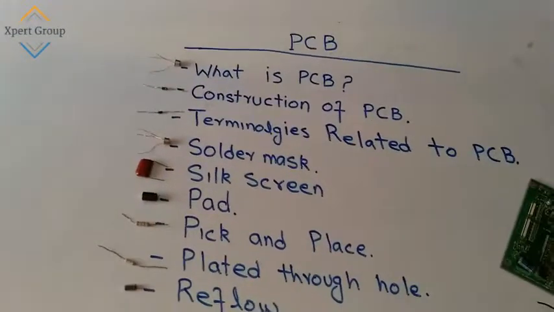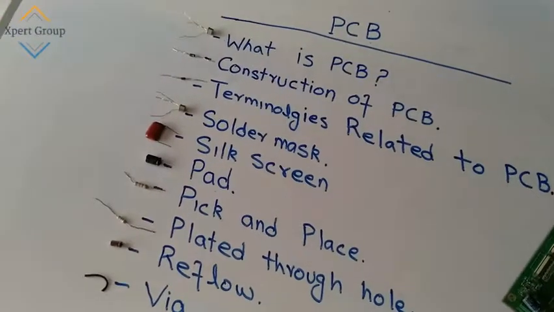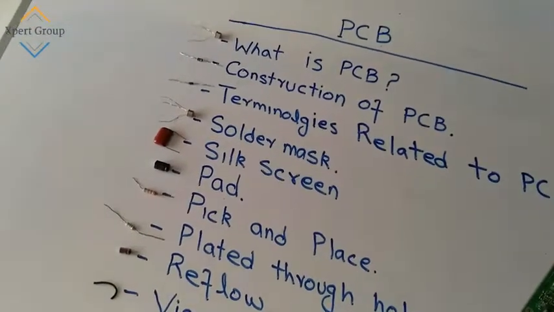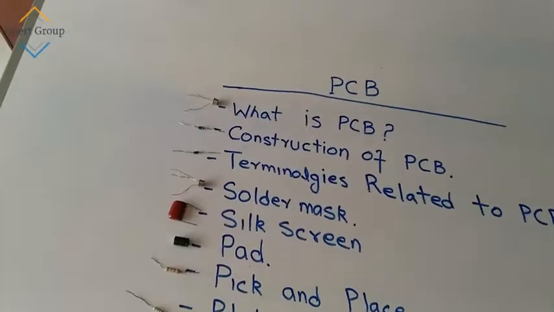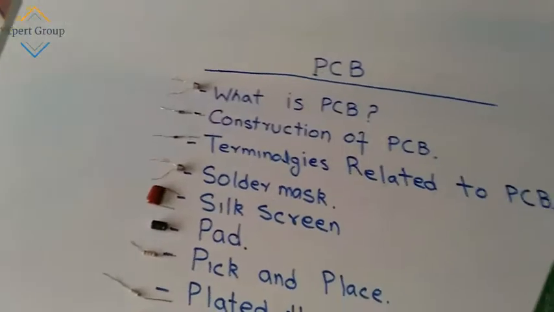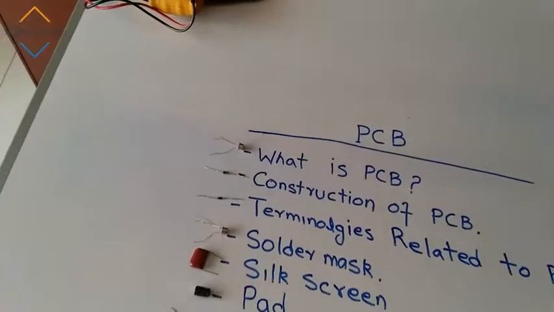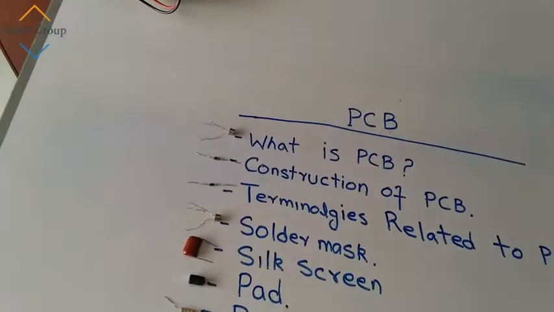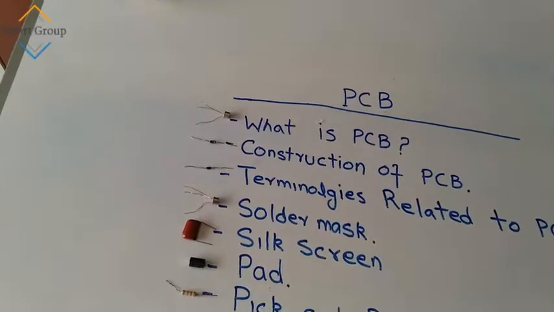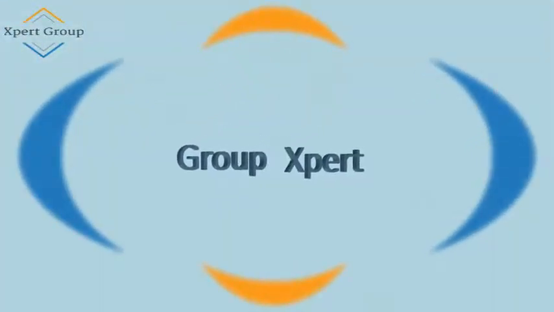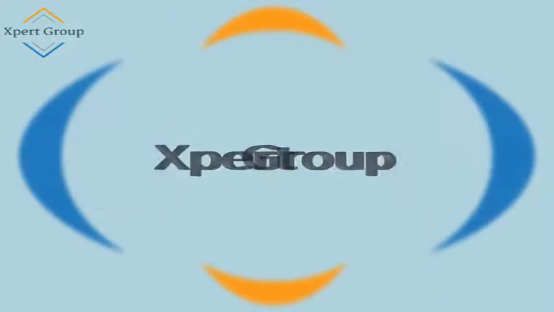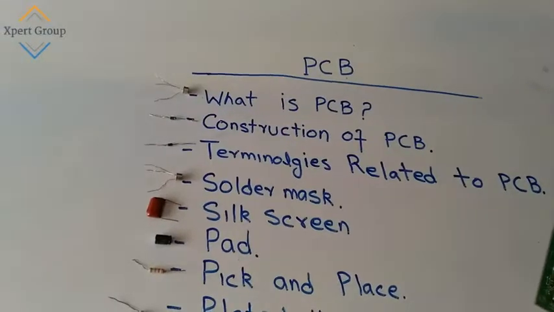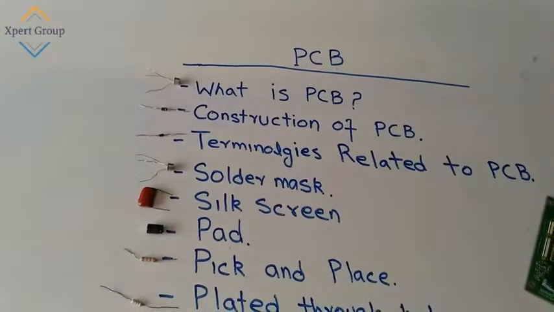Now we discuss the different terminologies related to PCBs. Solder mask. Gentlemen, the solder mask is a layer of protective material laid over the metal to prevent short circuit, corrosion, and other problems.